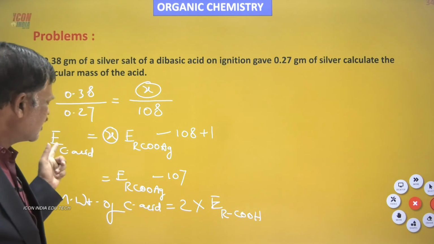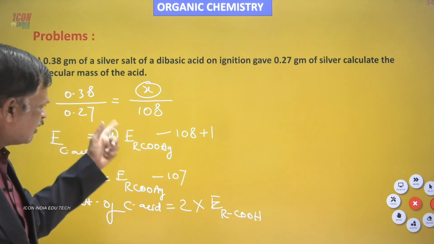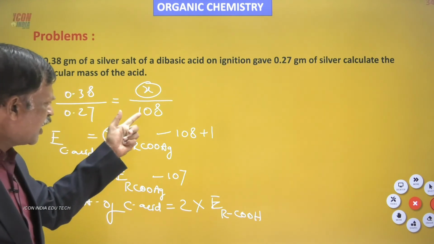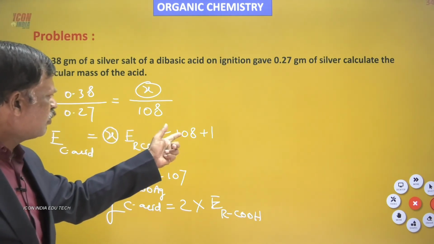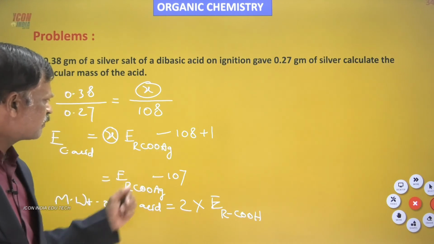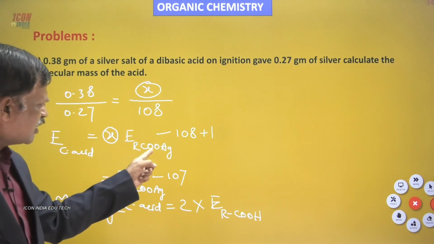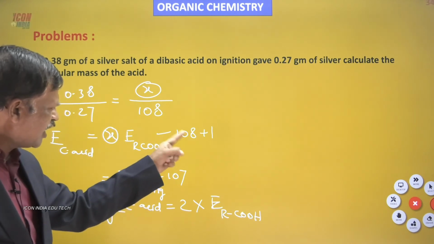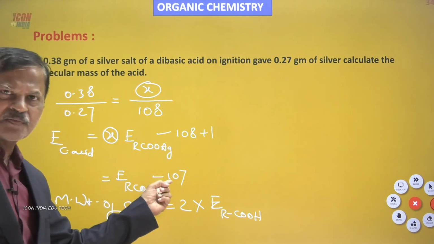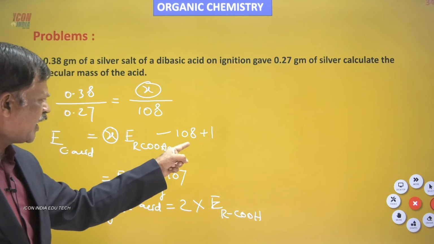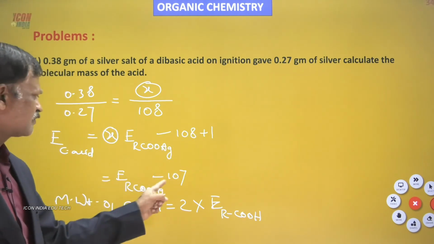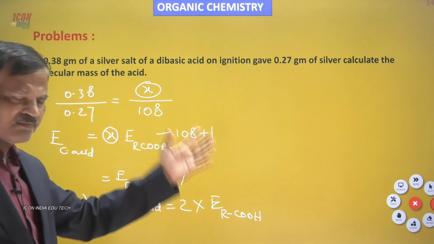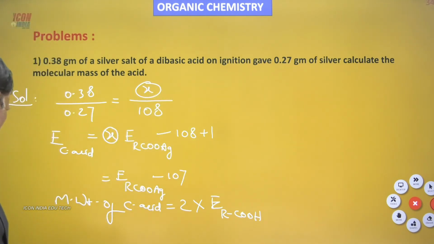Equivalent weight of carboxylic acid is equal to equivalent weight of silver salt of that carboxylic acid minus 108 plus 1. You understood this step? Because in order to get RCOOH, I am removing Ag and adding H. So, minus 108 and plus 1. So, minus 107. That's all. That's the way you need to do.